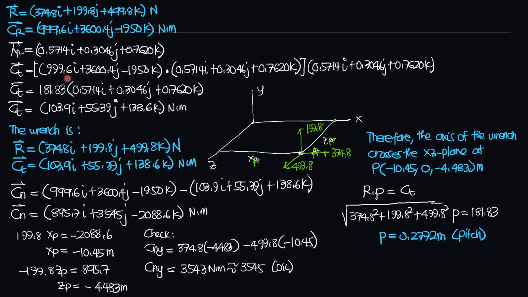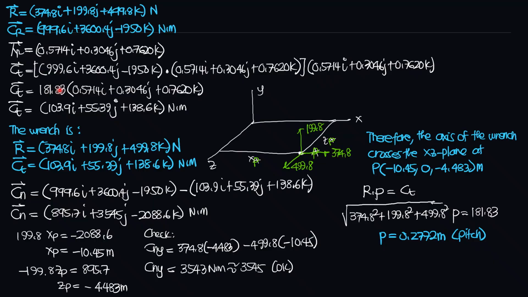So 999.6 times 0.5714 plus 3,600.4 times 0.3046 plus negative 1950 times 0.7620. Before we multiply this by the unit vector of the resultant, let's just evaluate this, and the reason for that is so that we can compute the pitch in just a moment.